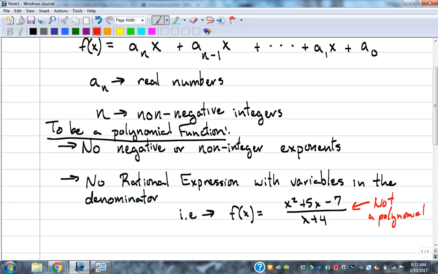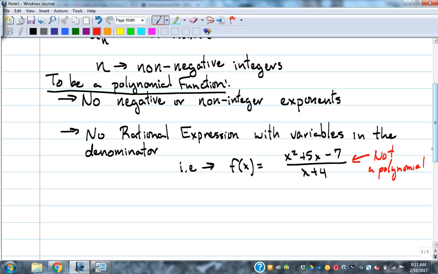And that takes away one of the red flags when we talk about domain. That function right there is not a polynomial because it has the x plus 4 in the denominator. That's an example of one that's not a polynomial.